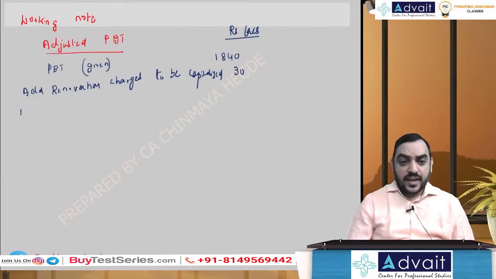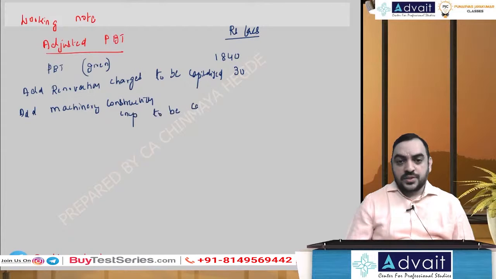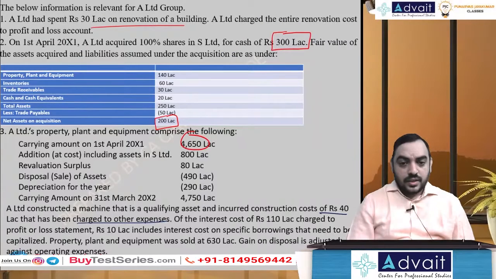So add back machinery construction expenses again to be capitalized. We have 40 lakhs.